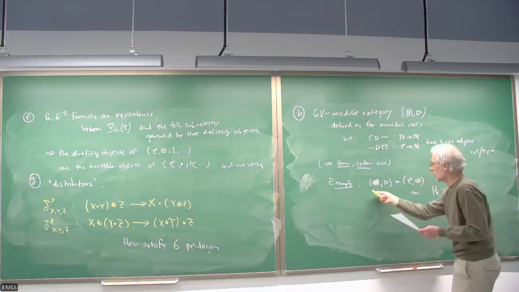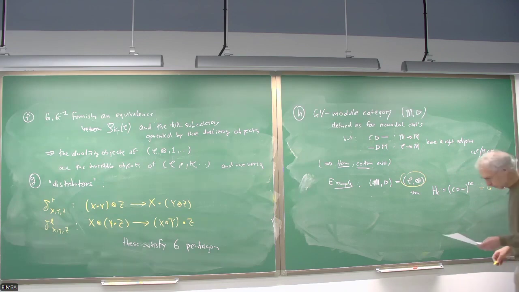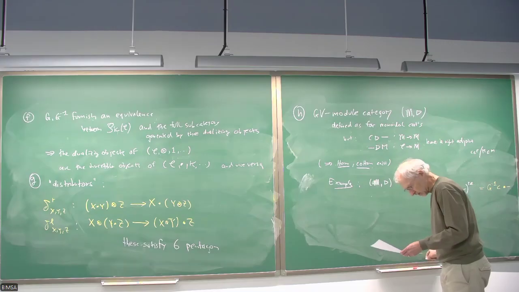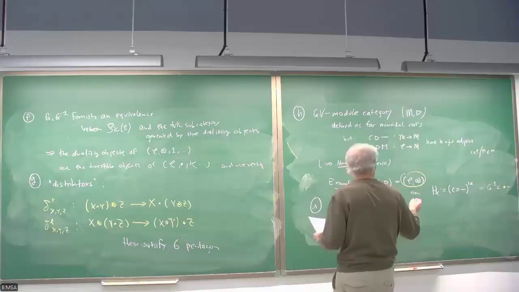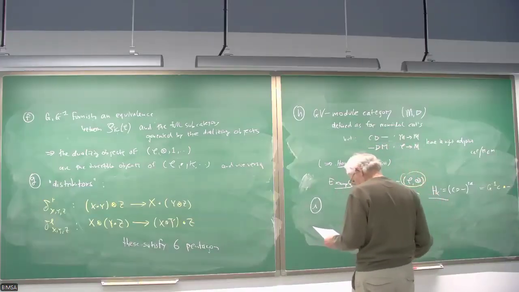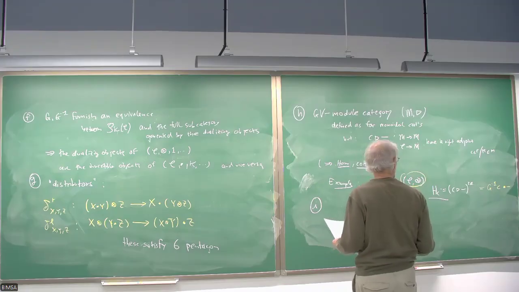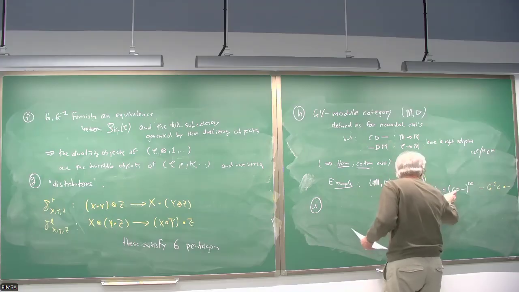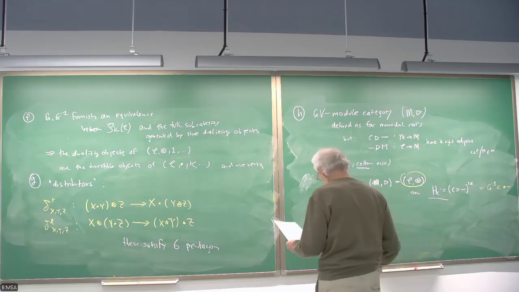In this case, this can be given explicitly as applying G inverse to C and then tensoring with the other tensor product. And next, I'm using this notation now for an arbitrary module category.